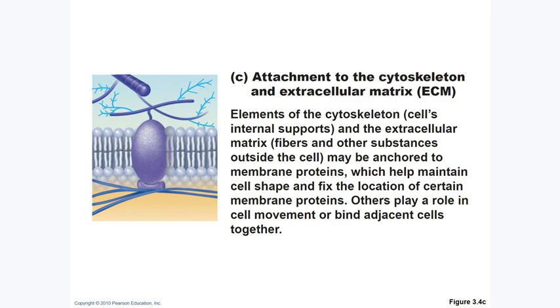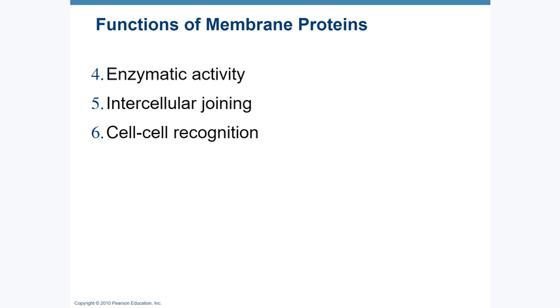Others play roles in cell movement or binding adjacent cells together. So you see this a lot in tight junctions and gap junctions with that extracellular matrix links, especially for cell communication. You want those good junctions there so your skin isn't moving around. That would be creepy. We also see enzymatic activity, intercellular joining, and cell-to-cell recognition with these membrane proteins.